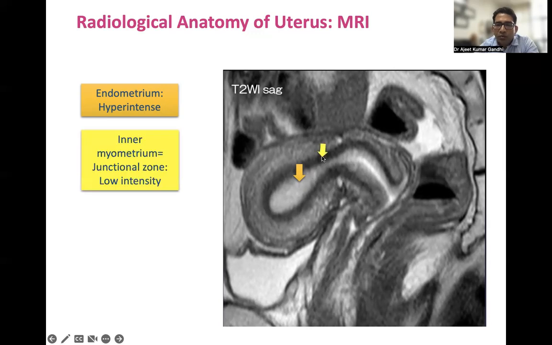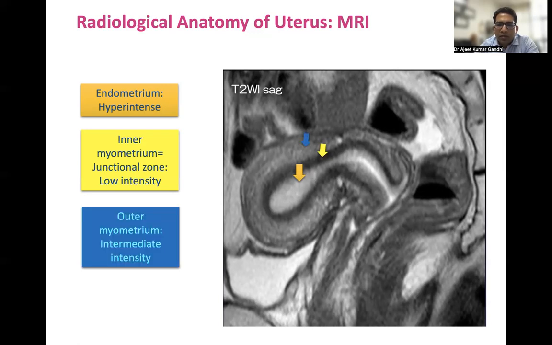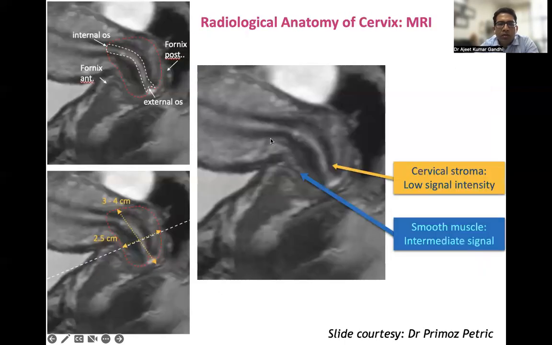Adjacent to this, there is a low signal intensity of the inner myometrial junctional zone, and there is an intermediate signal intensity of the outer myometrium. Outside this, there is a low signal intensity again of the peritoneal layer or the serosal layer. So it is very important to understand the hyperintense signal of the endometrium, junctional zone low signal intensity, intermediate signal intensity of myometrium, and then the peritoneal layer.